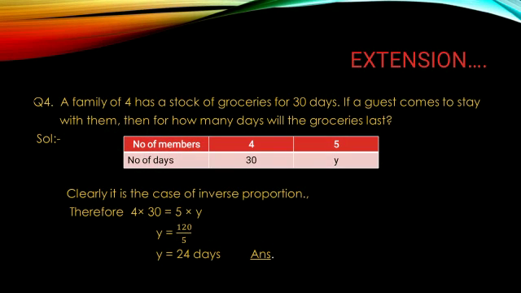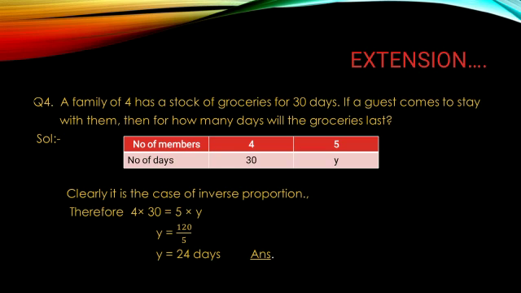Question number 4. A family of 4 has a stock of groceries for 30 days. If a guest comes to stay with them, then for how many days will the groceries last? See, there are 4 members in a family and the grocery is lasting for 30 days.